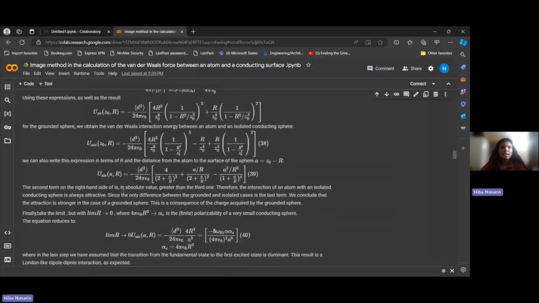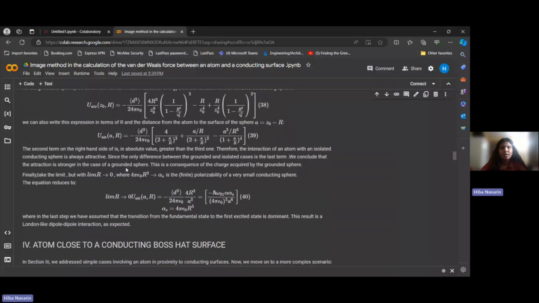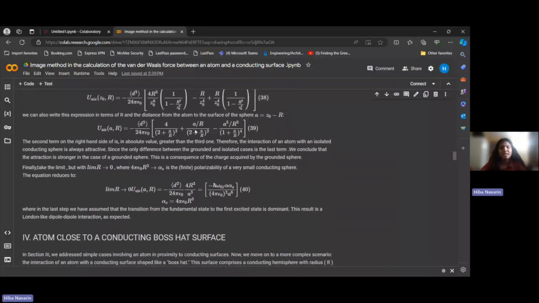For easier understanding, we can substitute with the following relation, that is a is equal to z0 minus R. Mathematically we can say that the second term is greater in magnitude than the third term. This third term is the one that comes due to the isolated conducting sphere.